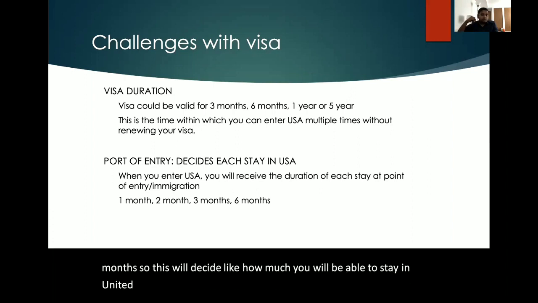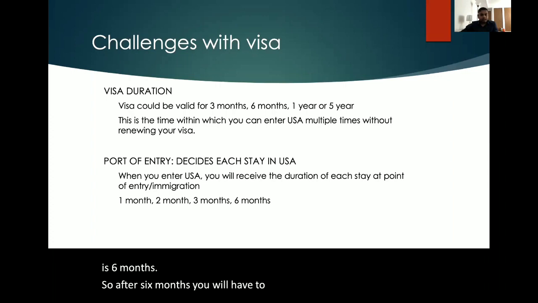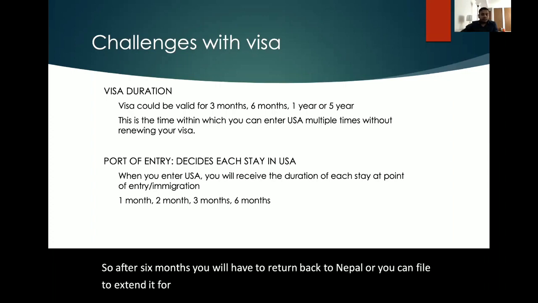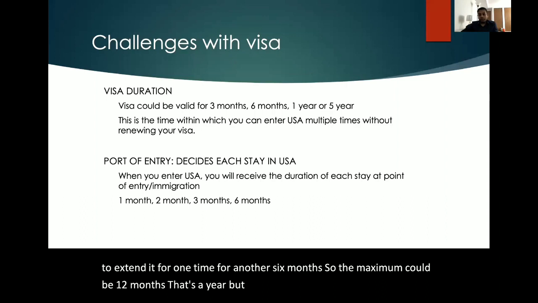But the maximum you can stay at one time in the US is 6 months. After 6 months, you will have to return to Nepal, or you can file to extend it one time for another 6 months. So the maximum could be 12 months, that's a year, but you cannot extend beyond that point.